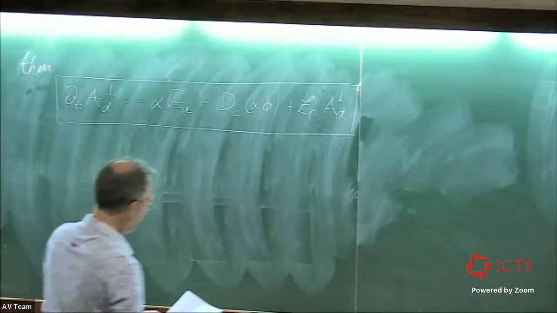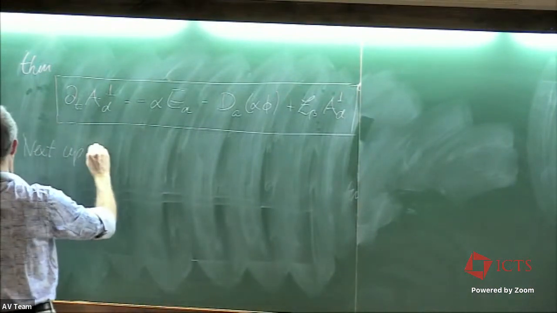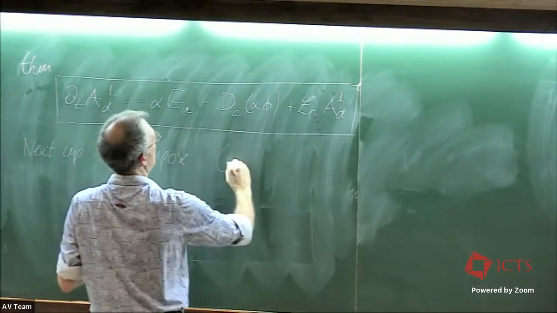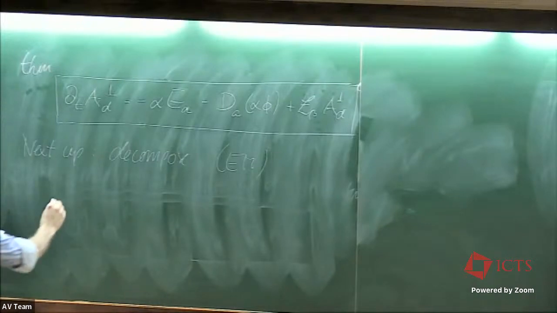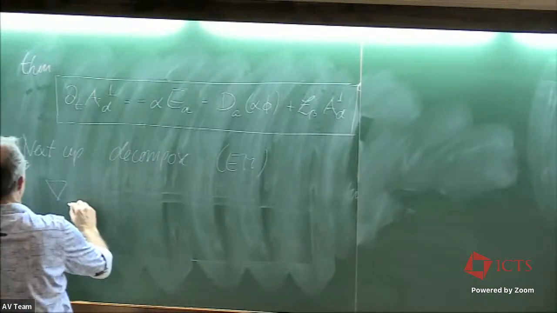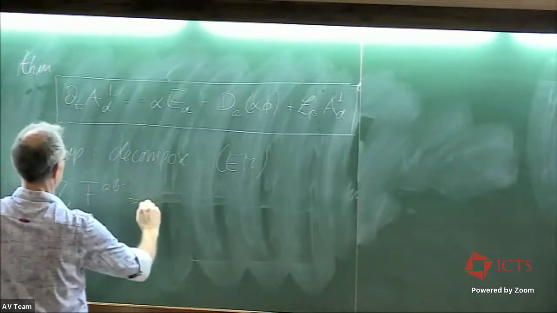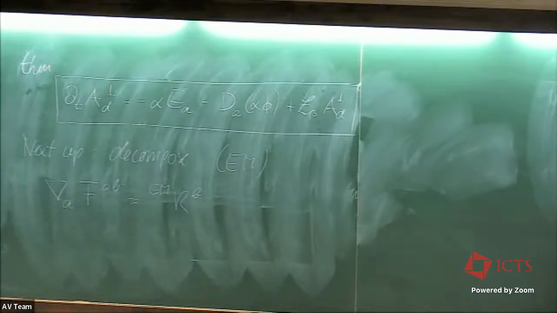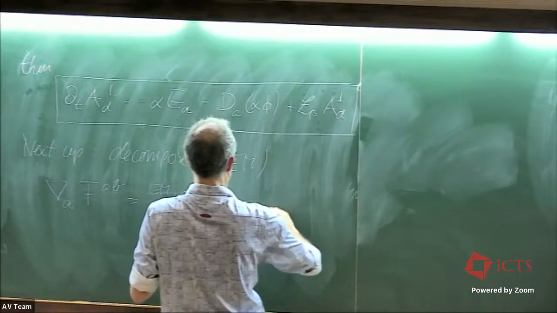Okay, so let me write down what we would have to do next. Next up, we would decompose our field equation, which yesterday I called En. That is in your notes, so you can look it up. What was the field equation? It was the divergence of F^AB equals, and actually yesterday I introduced this funky electromagnetic tidal tensor, which is the same as 4 pi J^A.